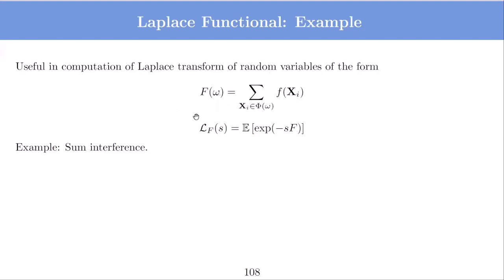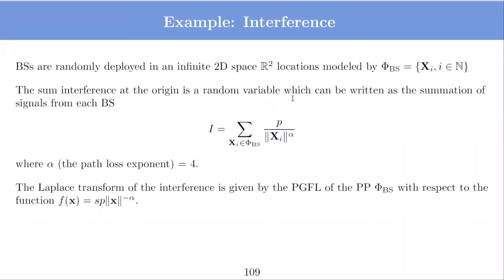If the random variable is defined in the following format, as the summation over all points of some function, then the Laplace transform of this, which is e to the power minus s times the variable, can be written in terms of the Laplace functional. So it becomes the expectation of the exponential of minus s into the summation of f(x_i). So that is in terms of the Laplace functional format. So you can compute its Laplace transform.